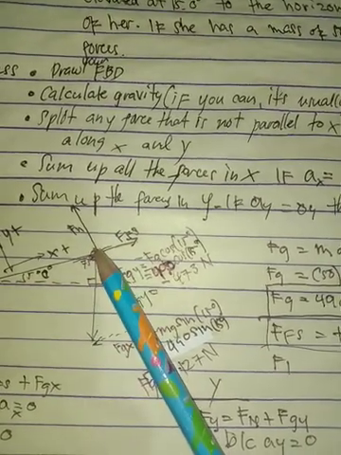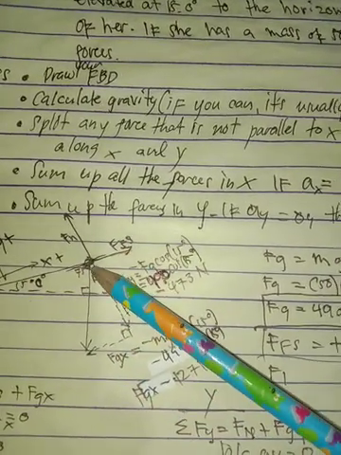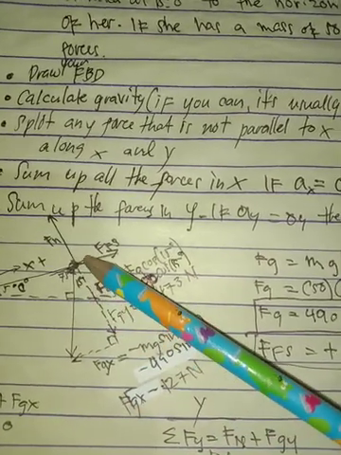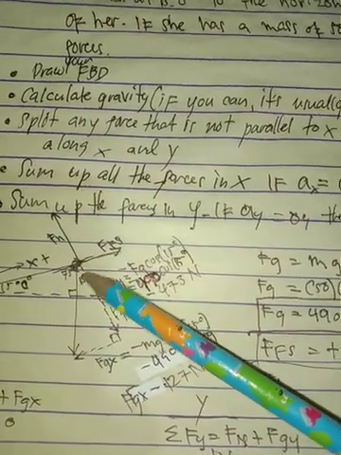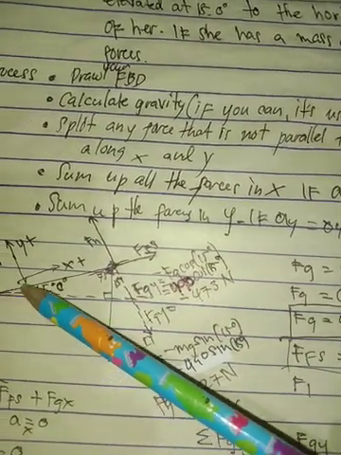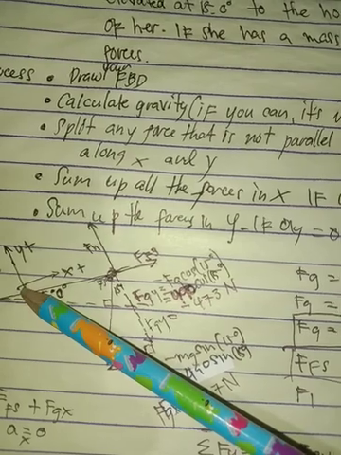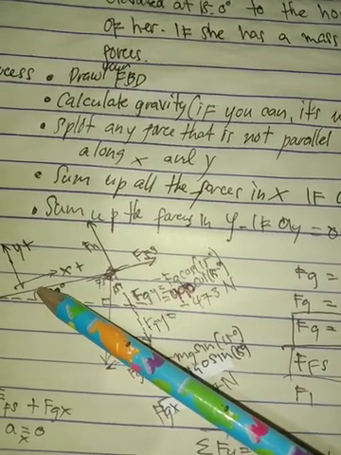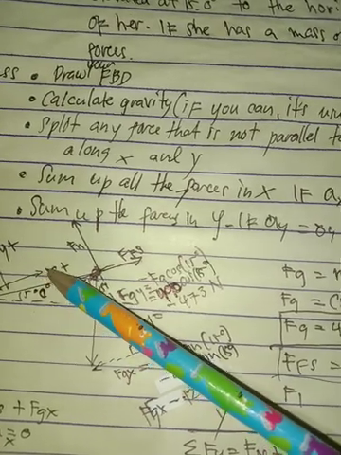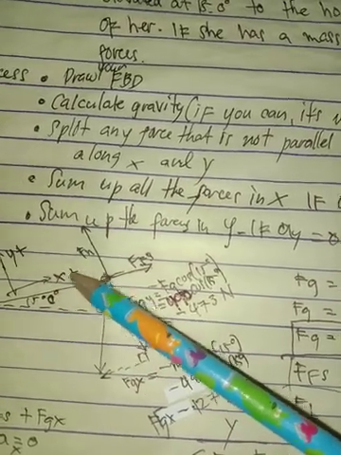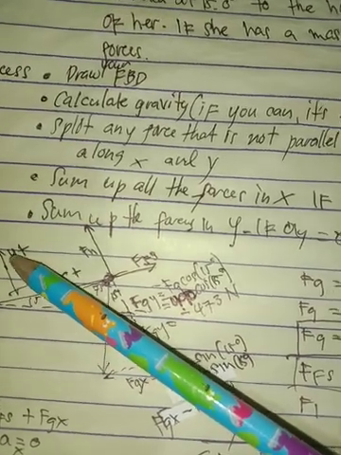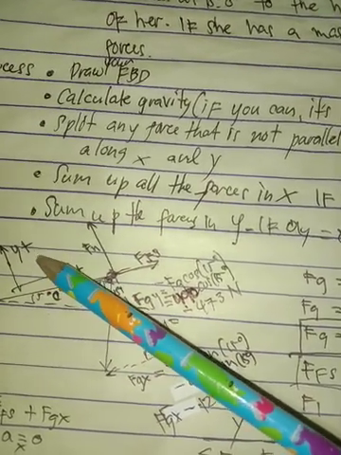Here we write down the FG, the force of gravity, going down. Now let us draw the y axis and x axis. Going to the right is the x axis, positive. Going up, vertical, is the y axis, positive.